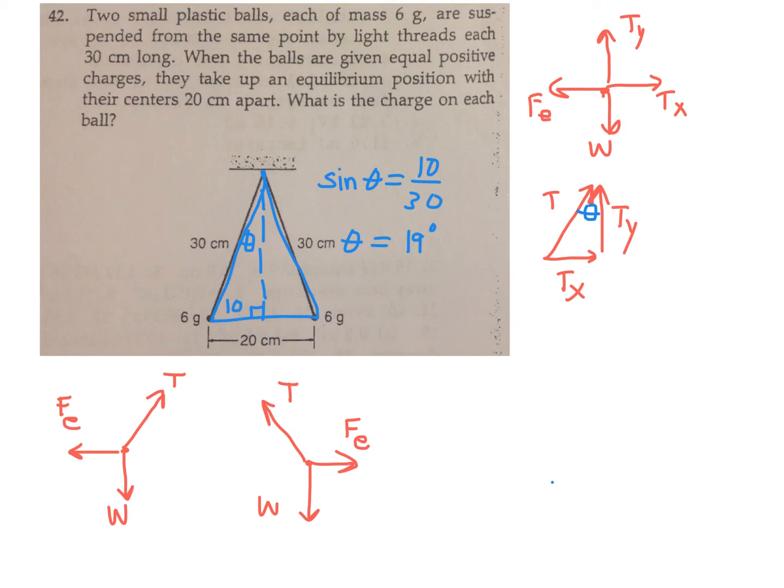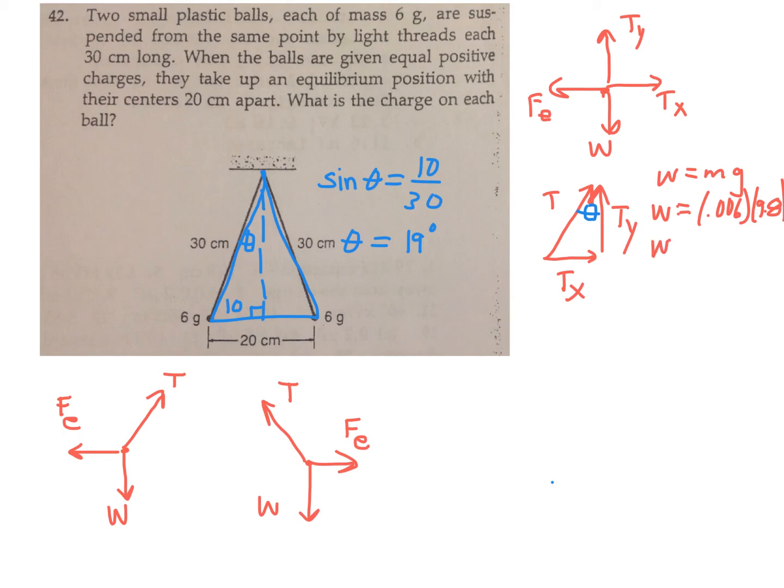All right, I also know that T sub Y is equal to W, and I know that W equals mg. I can calculate that. W equals the mass. They tell me the mass is 6 grams, which is 0.006 kilograms times 9.8.